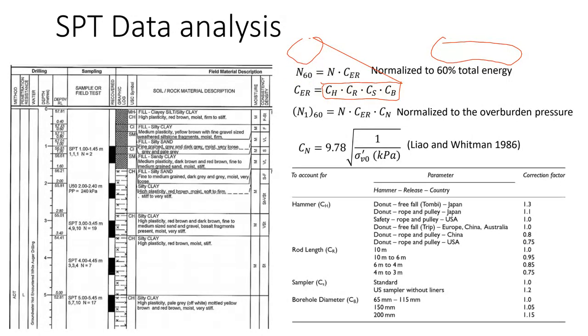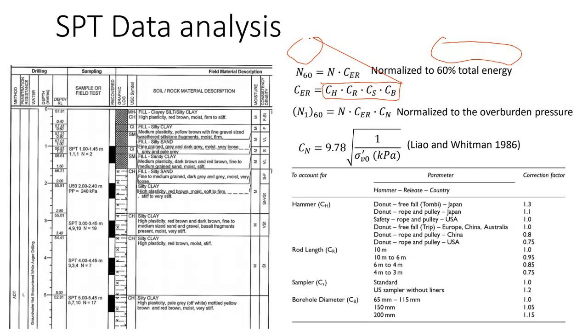So N60 means that this SPT N number was normalized to 60% total energy, because from engineering experience, not the whole 100% of the energy from a falling hammer is transferred to the rod to drive it into the ground. There have been lots of studies, and they said only about 60% of the total energy from the falling hammer goes into the test. So that's why it's 60. You'll see N60 in the literature and in design.